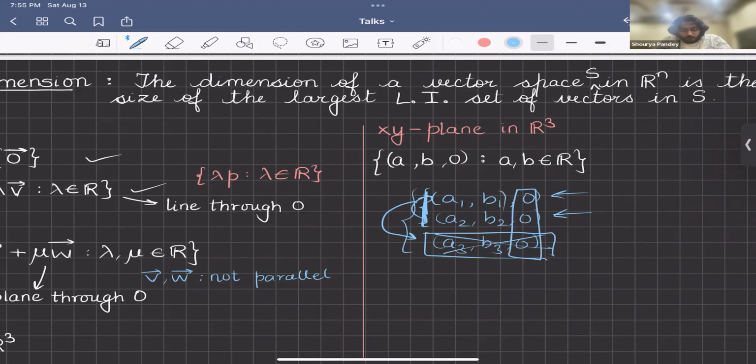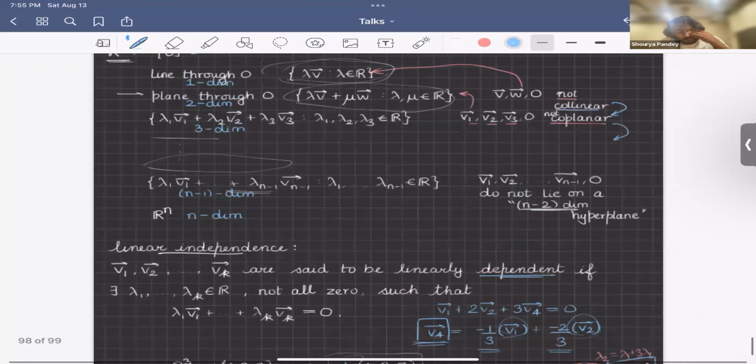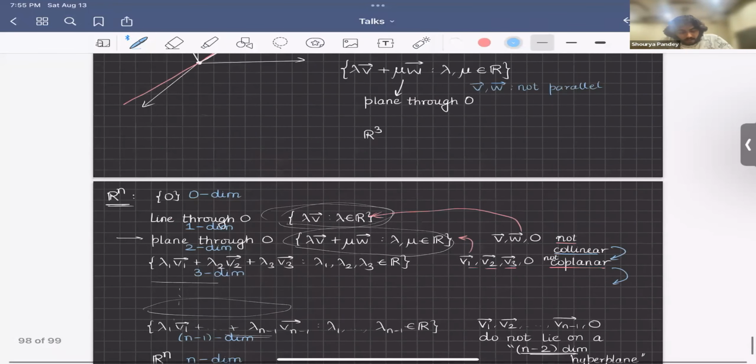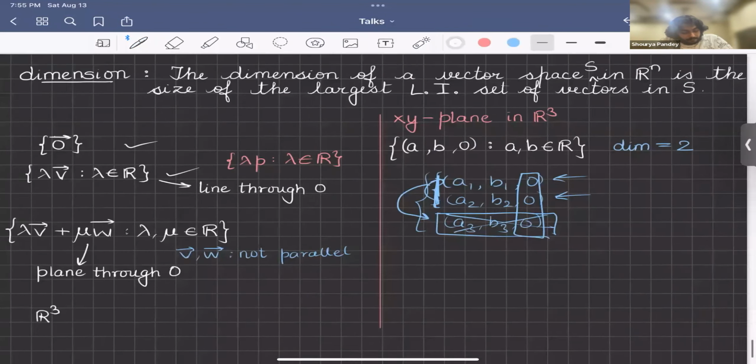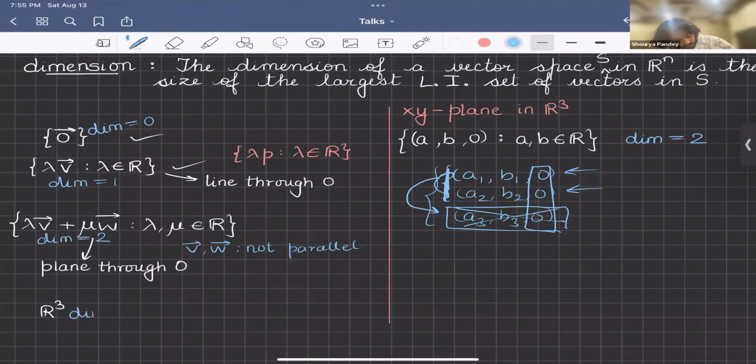This zero is redundant, so I can just focus on this. And so the answer is 2. Yes, so this dimension is 2. Although I already mentioned dimension before, here we now know what it means. So now it's clear why the dimension of this is 0 by this definition, and the dimension of this is 1. This is 2, and this is 3.